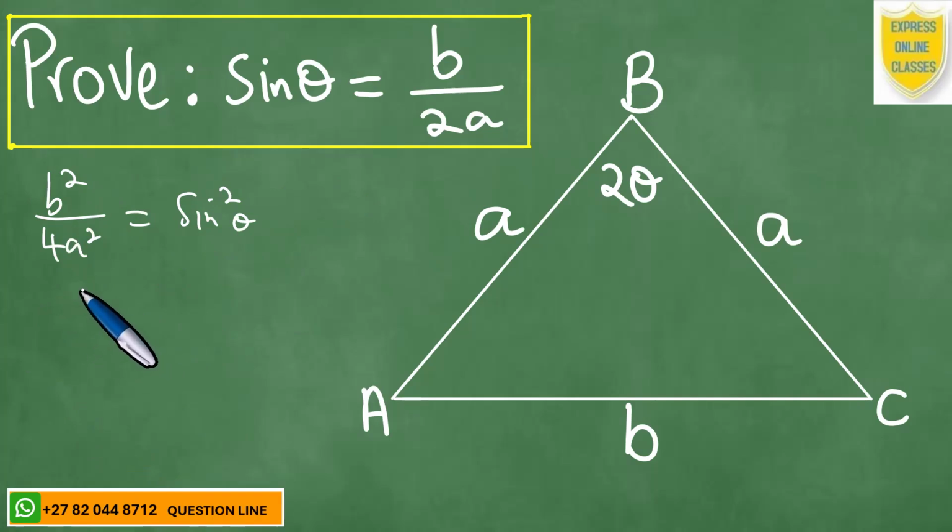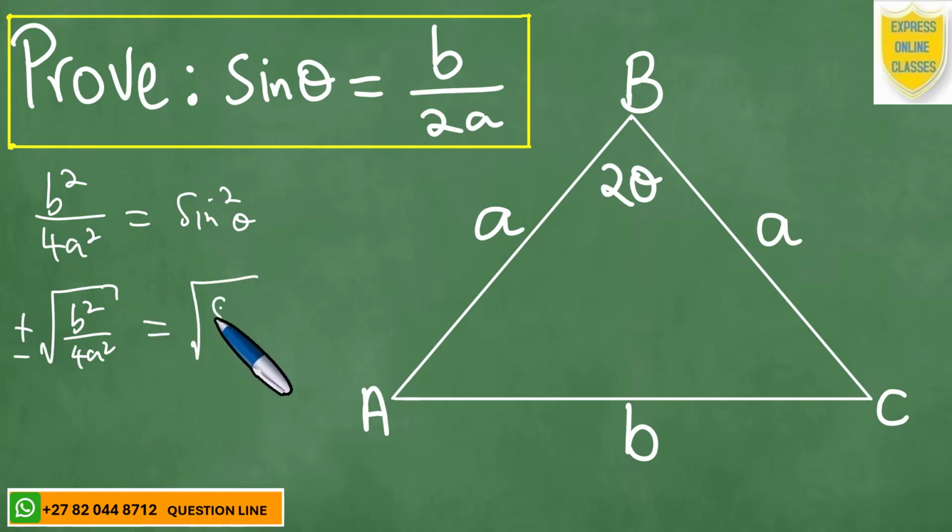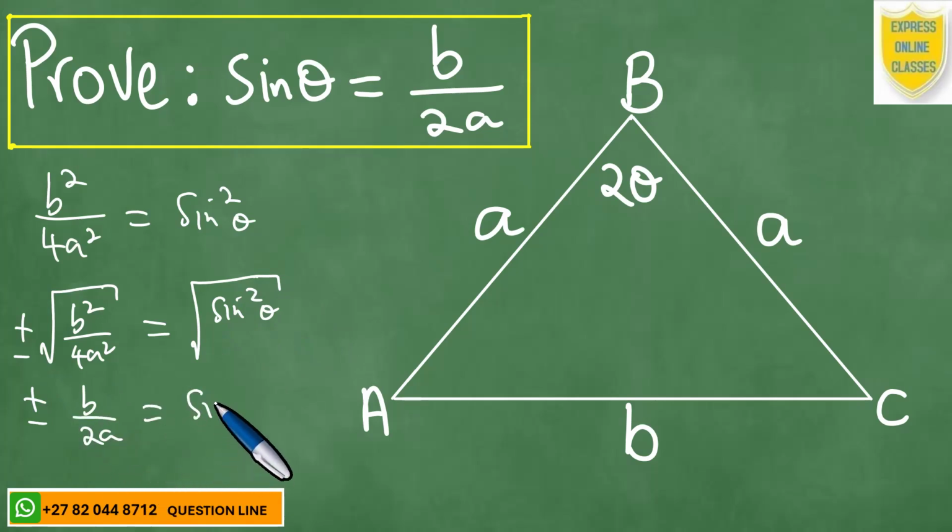The square root of b squared divided by 4a squared, plus or minus, is equal to the square root of sine squared theta, plus or minus. Now, this gives us b divided by 2a, which equals the sine of theta.